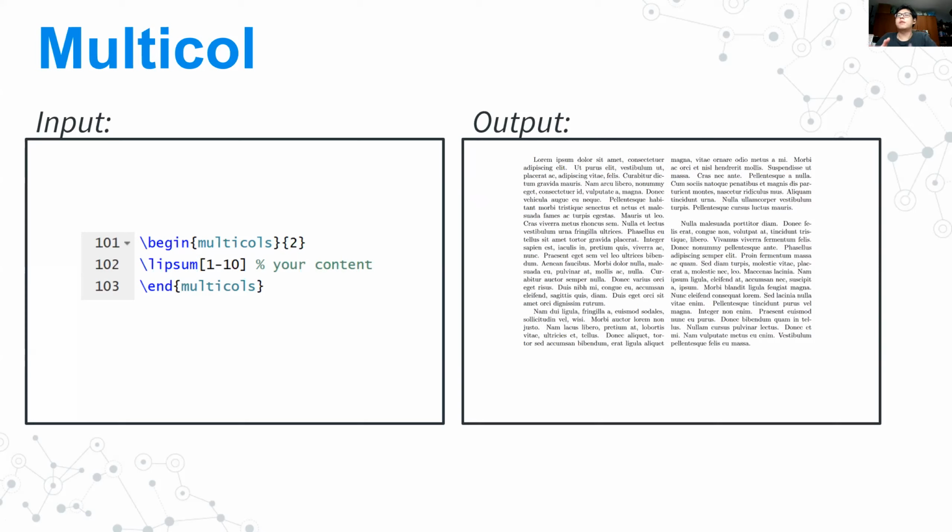Equation by itself has numbering, but if we don't want any numbering, we use equation asterisk. Similarly for multicols, if you want to finish the first column before moving on to the second column, we can use multicols asterisk.